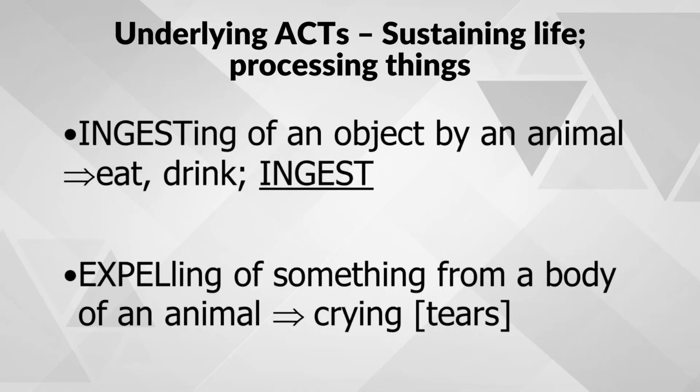Ingest. This category involves actions related to an animal taking something into its body. Examples include eat and drink, where an animal consumes substances for nourishment or hydration. Expel. This category covers actions where something is expelled or removed from an animal's body.